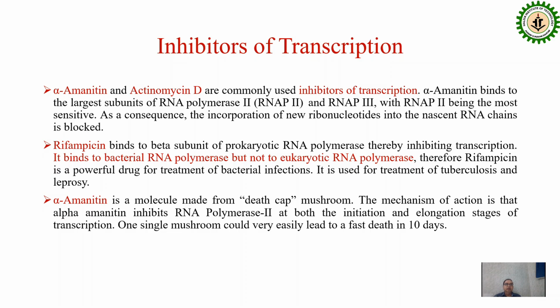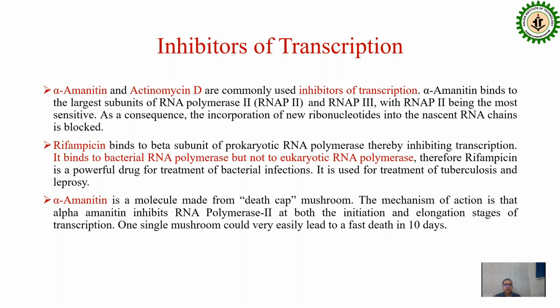Another one is actinomycin D. This is also an inhibitor of transcription. Then rifampicin. This is a very different type of inhibitor, where it binds to bacterial RNA polymerase but not to eukaryotic RNA polymerase.